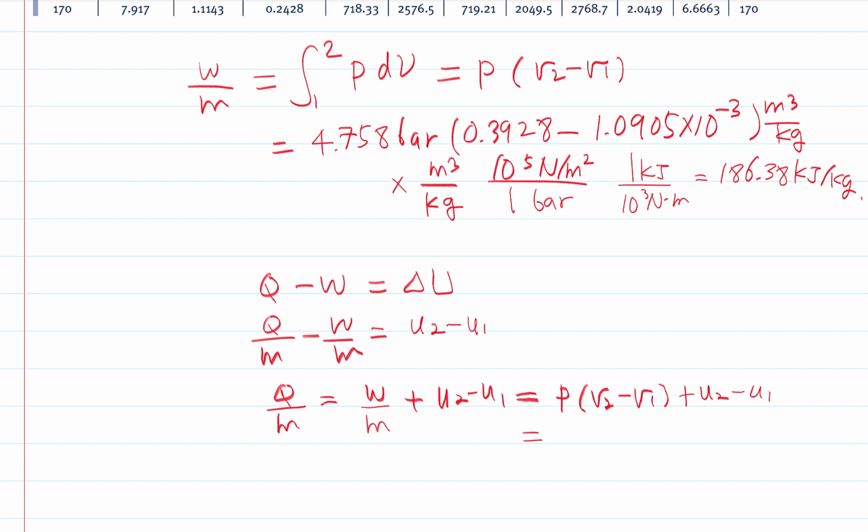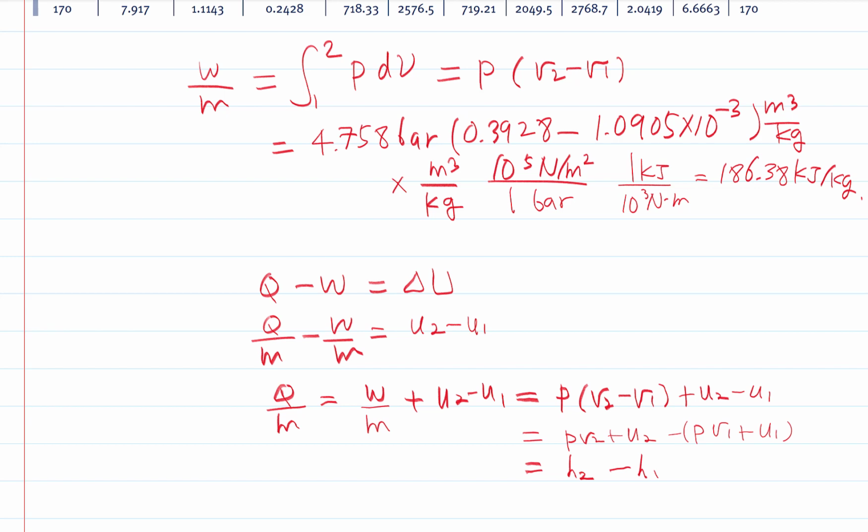And it can be written (P v2 plus u2) minus (P v1 plus u1). The sum of internal energy and the boundary work is enthalpy.